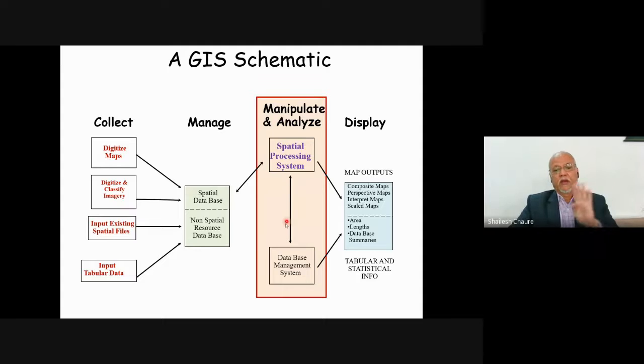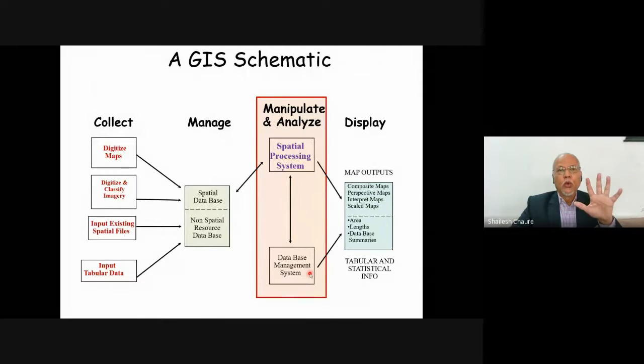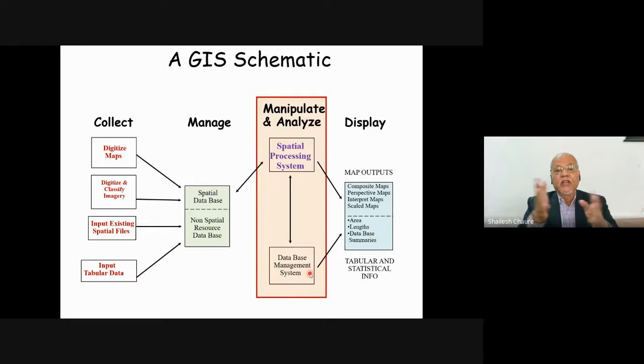Because many of you may not be well versed with databases, I will not be talking about databases, but they give us a very powerful facility to query the data, not only on the basis of the attribute, but also on the basis of the location.